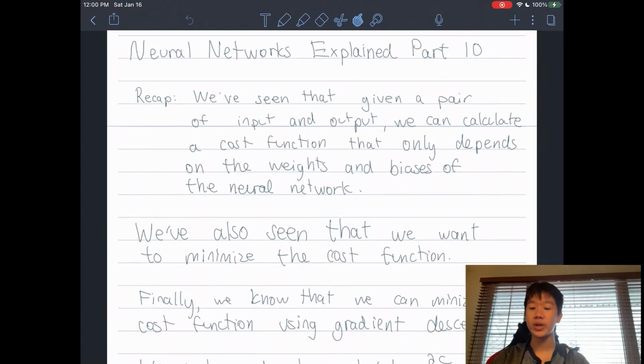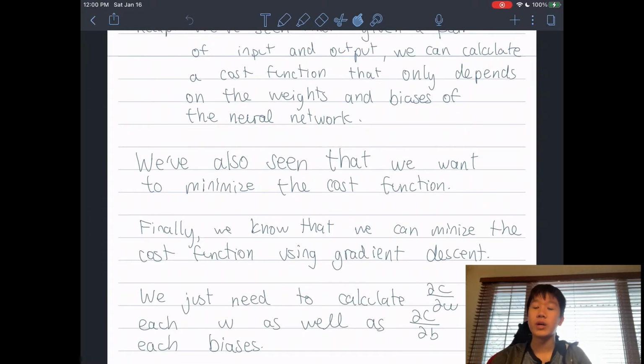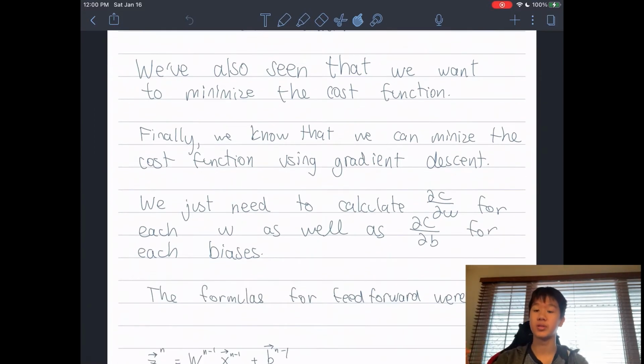So, as a recap, we have seen that given a pair of input and output, we can calculate a cost function that only depends on the weights and the biases of the neural network. We've also seen that we want to minimize the cost function. That is, we want the value of the cost function to go down.